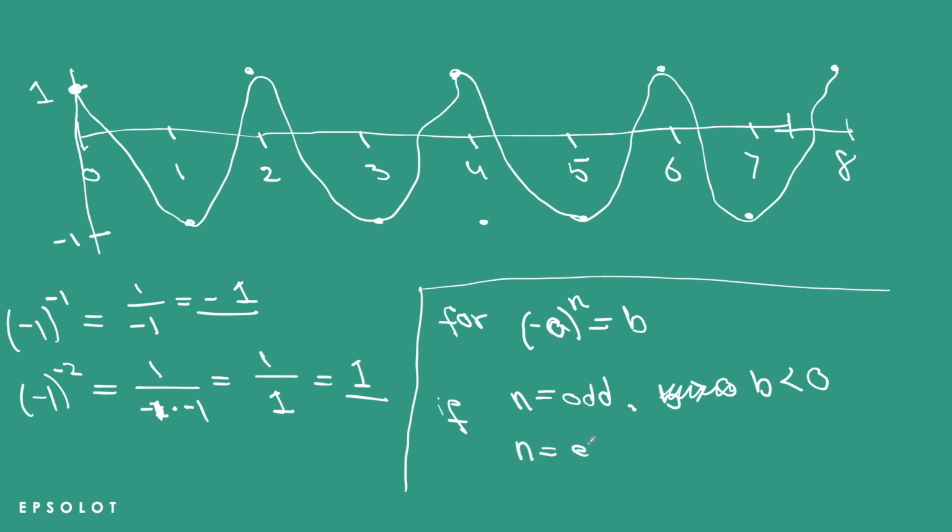If your n, which is the power, is an even number, then your answer will be a positive number. That matters regardless of whether n is a positive number itself or a negative number. So regardless of whether you have a positive power or a negative power, the plus or minus sign of the answer remains the same.